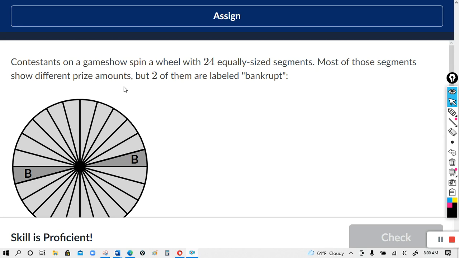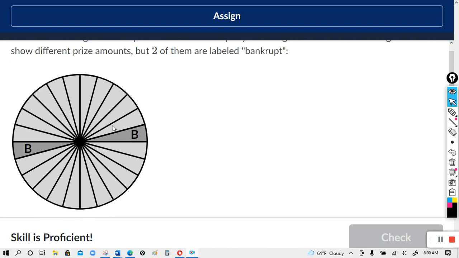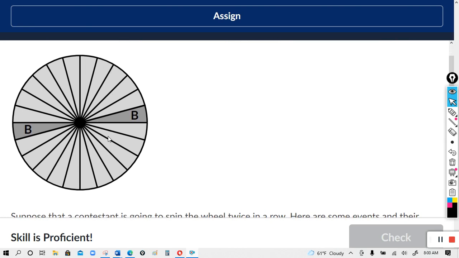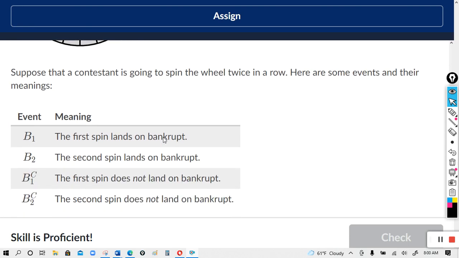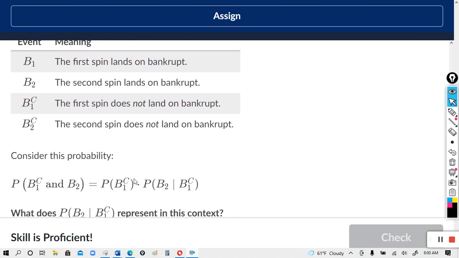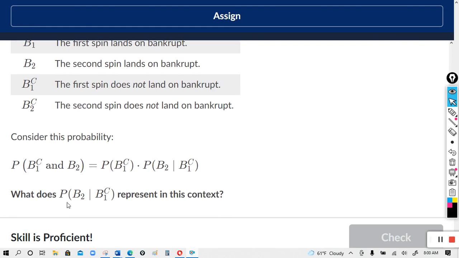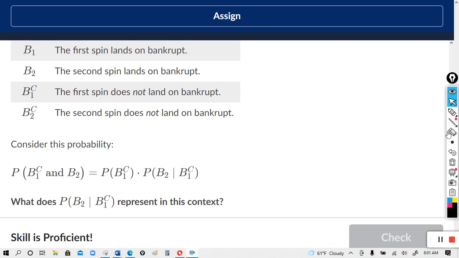This one looks like one we already had, but this one asks a different question this time. We still have the wheel. Suppose a contestant spins the wheel twice in a row, and here are the events. So they give you the equation, and what does probability of B2 given B1C represent? We have to look at what we're given here.